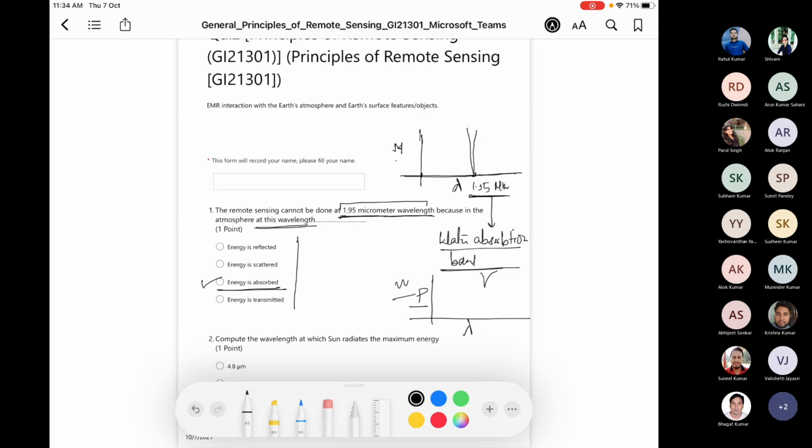In the atmosphere, there are H2O molecules. They trap the energy signal, and there is a kind of resonating effect, so they do not allow the energy at that wavelength to pass through. Even when energy interacts with materials like leaves or soil with moisture content, you can't get the reflected energy because the energy is absorbed by those objects.